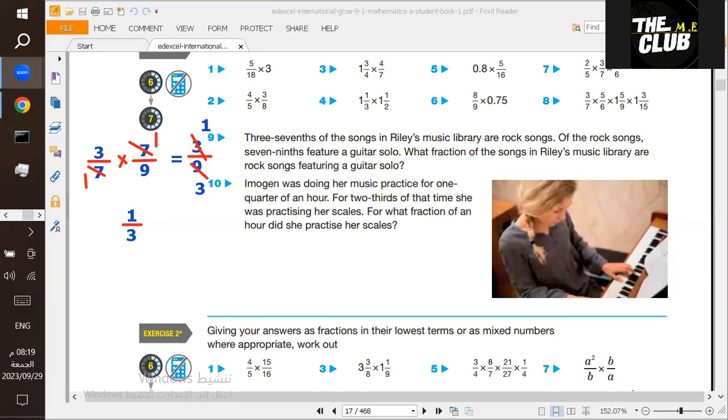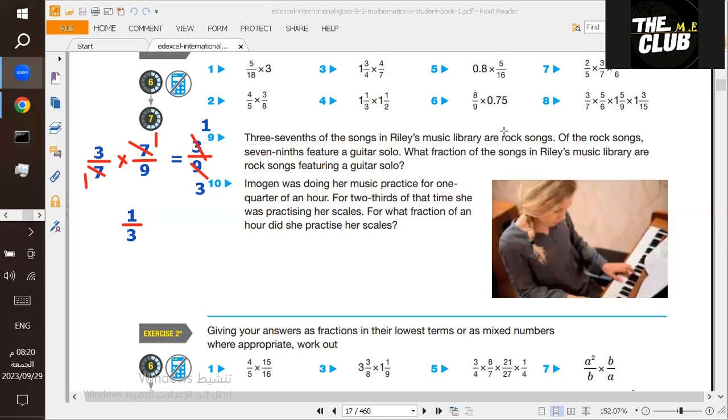After writing them, I simplified before multiplying: I simplified the ones with the same numerators and denominators, then multiplied numerators and denominators, and then simplified the final fraction. Okay, that's it for question 9.